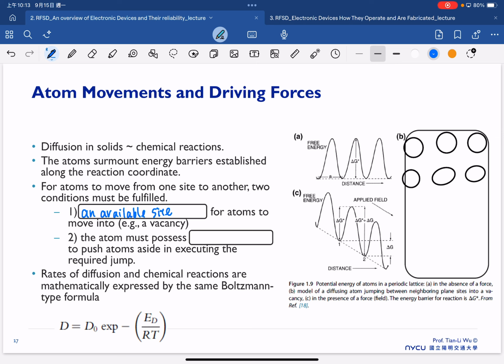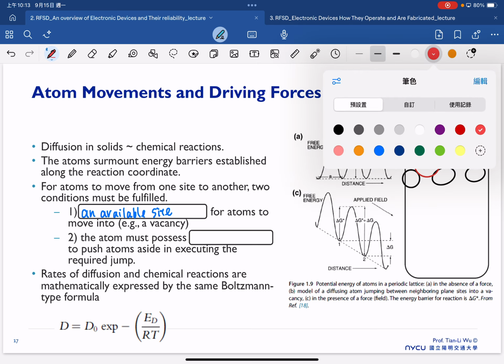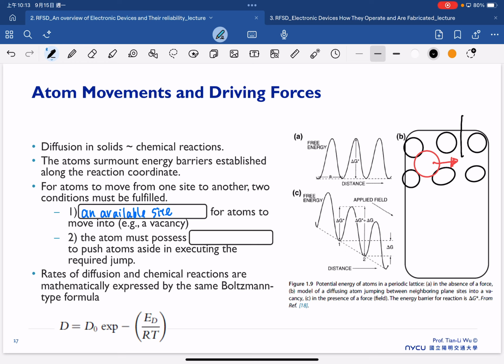So for example, if an atom wants to move from here to the right, the first condition to make sure this process can happen is that there is a vacancy here, right? If we have the vacancy, meaning an empty place, then these atoms possibly can move.